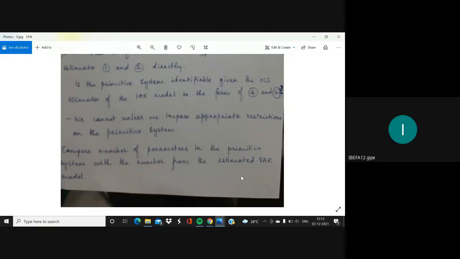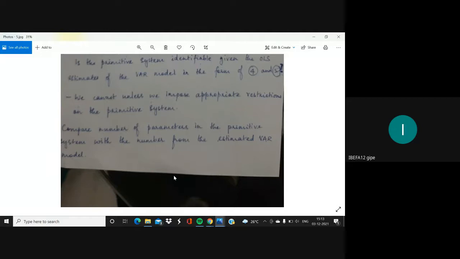You already understood that the contemporaneous effect creates certain problems. But apart from that, if you look at the numerical problem, you'll be able to understand why we cannot get estimates of the structural parameters. So first what we need to do is compare the number of parameters that are there in the primitive system and the number that you get from the estimated VAR model.